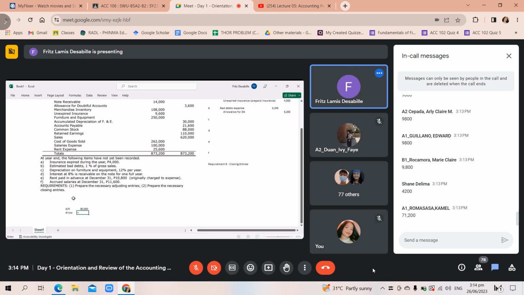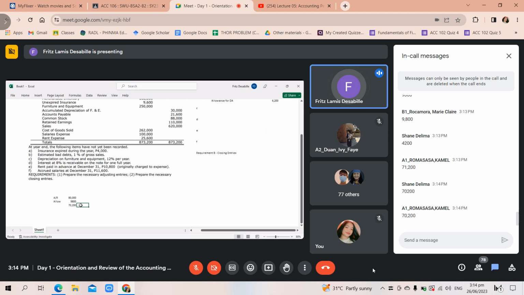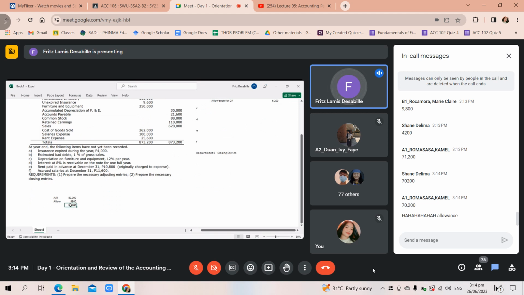That's 3,600 plus 6,200. 70,200. So this, ang tawag ani sa 70,200 guys. Later, discuss nato din when we are going to be talking about AR, tawag ani is NRV, or what we call net realizable value. Okay.